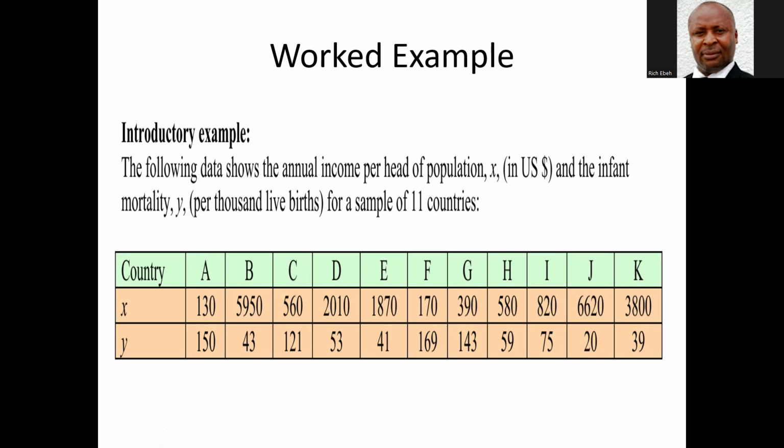In fact, we seem to understand that countries with lower income per head have higher infant deaths, but it doesn't really apply because country A and country F seem to have low income per head, but country A is lower and has lower infant mortality compared to country F. Now, we want to see whether there is a significant relationship between income per head and infant mortality, because this data seems not to be very normal.